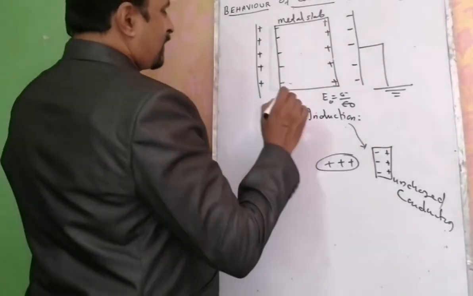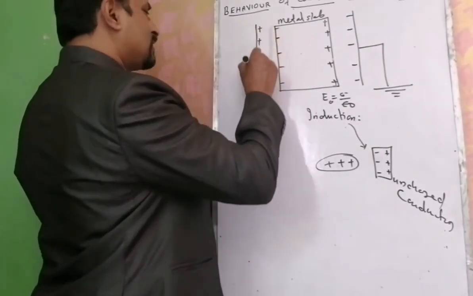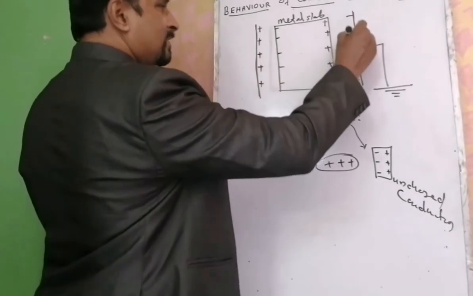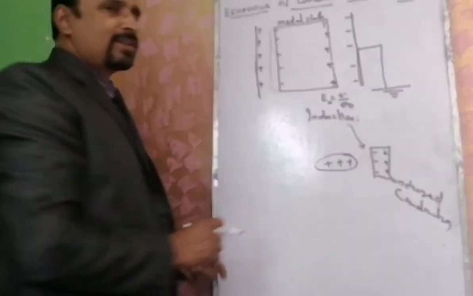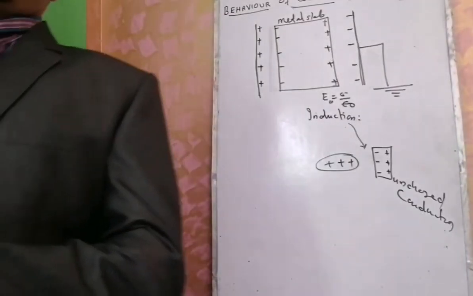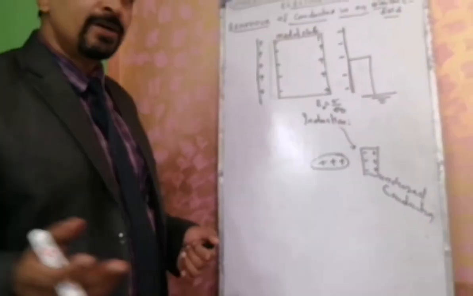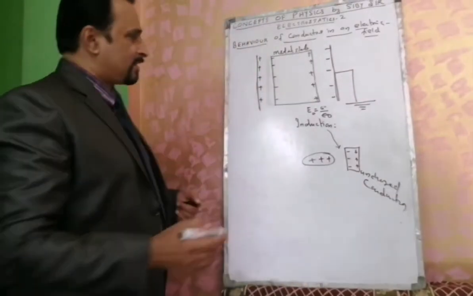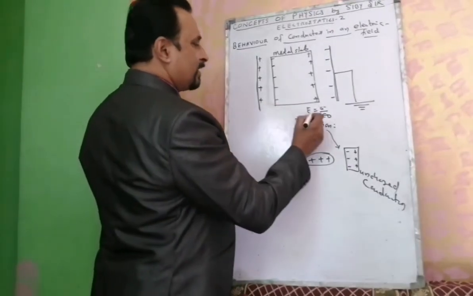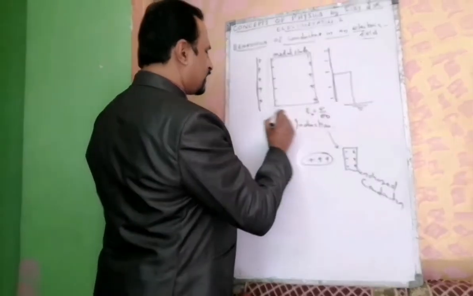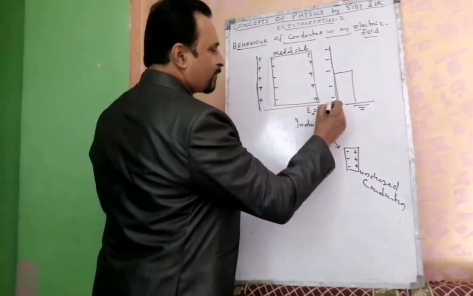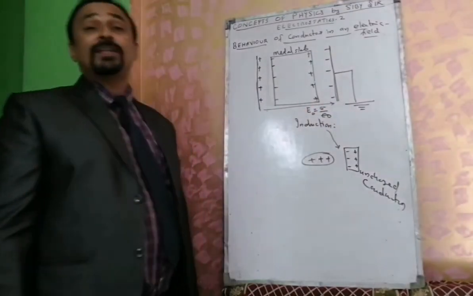Now, listen carefully. This is your capacitor. What is the direction of the electric field? Is it from positive charge to negative charge or from negative charge to positive charge? It is from positive charge to negative charge. So there is an electric field E naught, which is sigma by epsilon naught, acting from the positive plate to the negative plate.